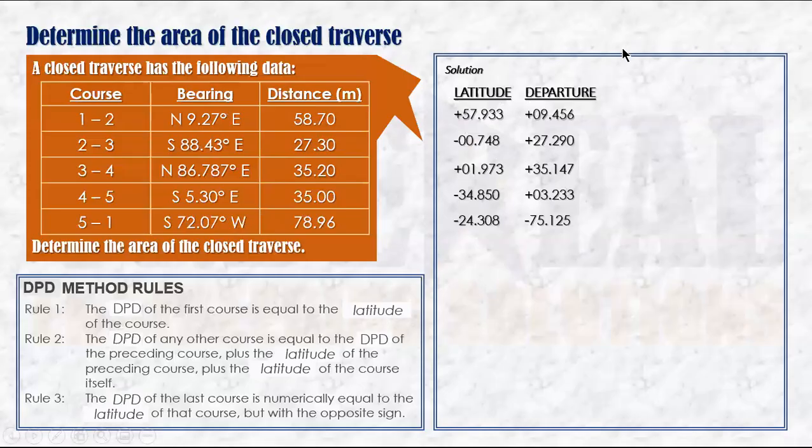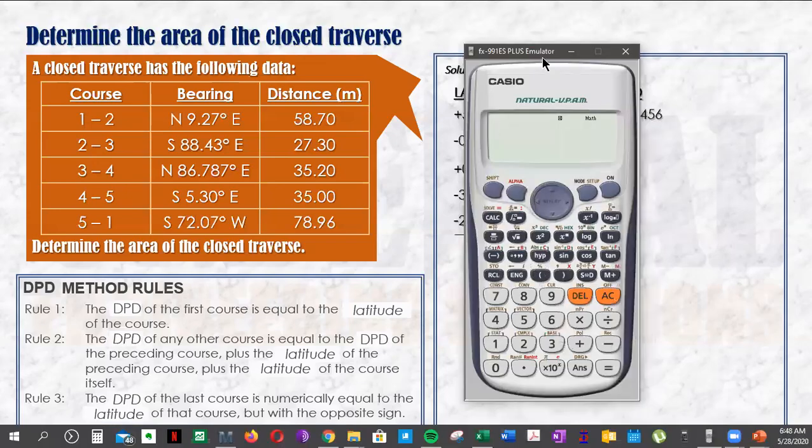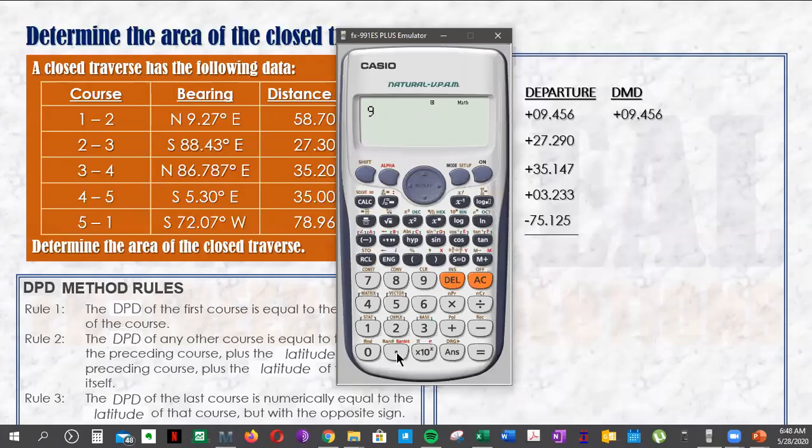Applying the DMD method, the first rule again is the DMD of the first course is equal to its own departure. So that is 9.456. Next, the DMD of the second course is equal to the DMD of the first course, 9.456, plus 9.456 plus 27.29.